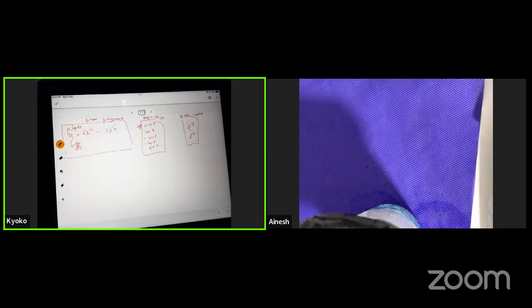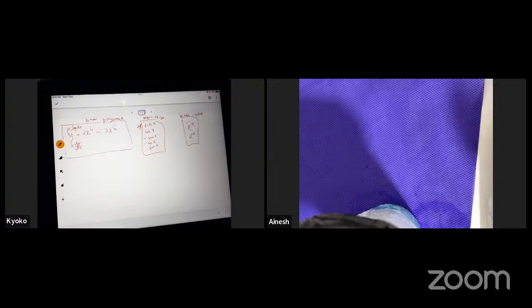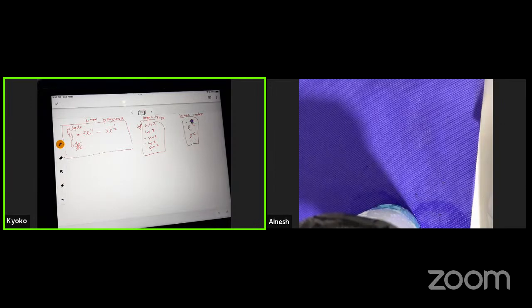The simplest to memorize, even though it doesn't make sense. These are your basics. This works for integration and differentiation. Am I correct or not, Ainesh? Once you learn these three patterns, you can do both and basic stuff, correct?